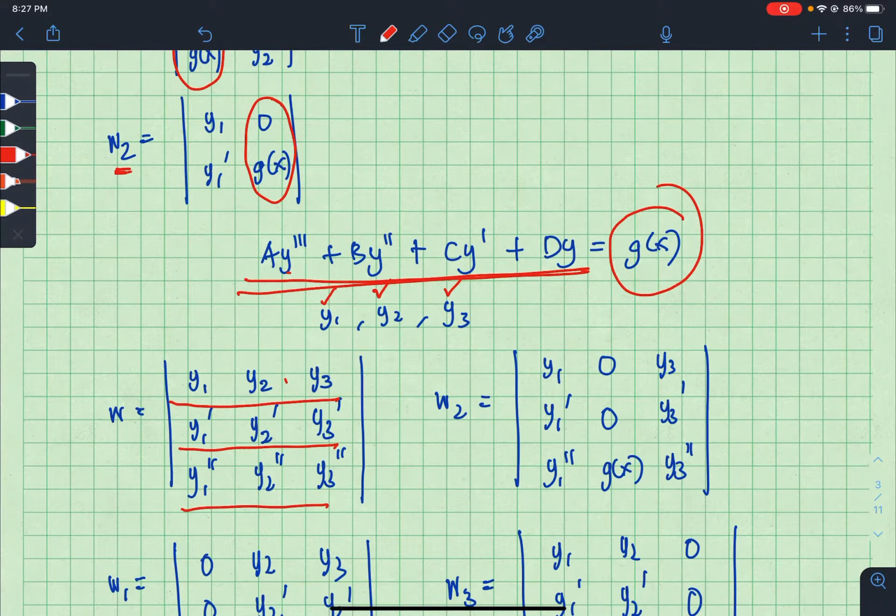So our u sub 1 is negative 1/2 ln of 1 plus x squared.